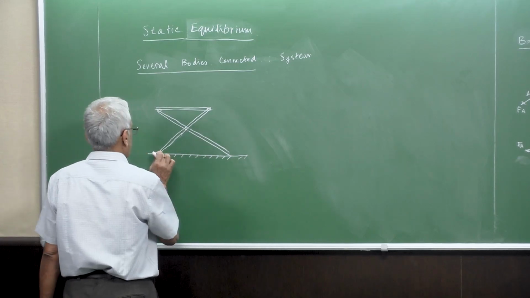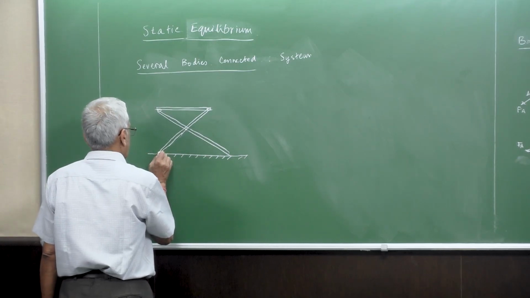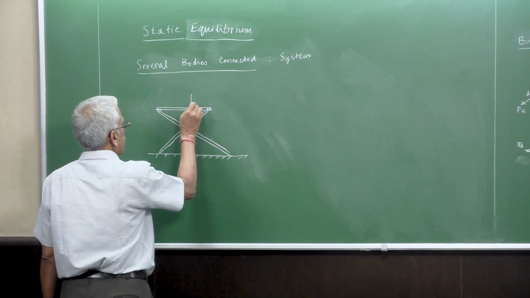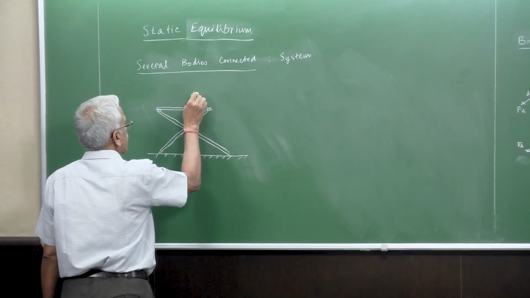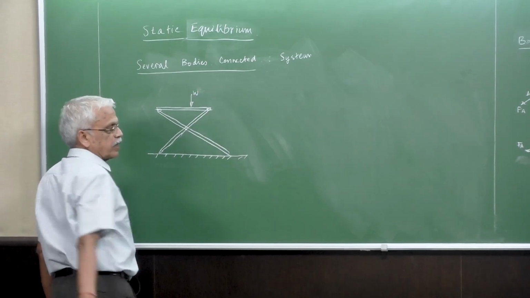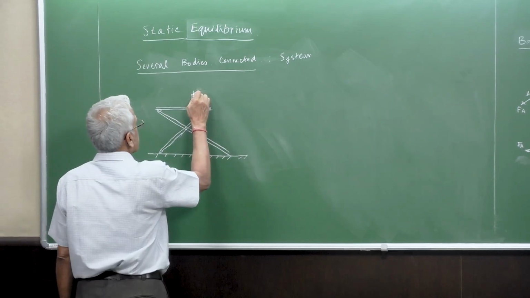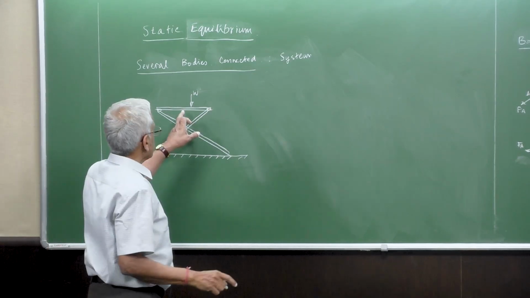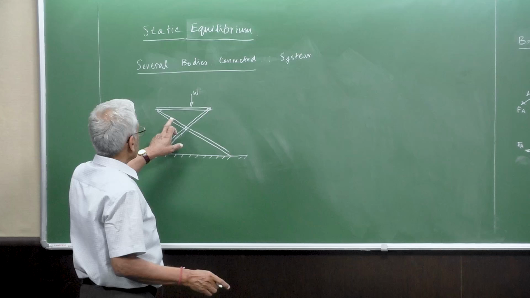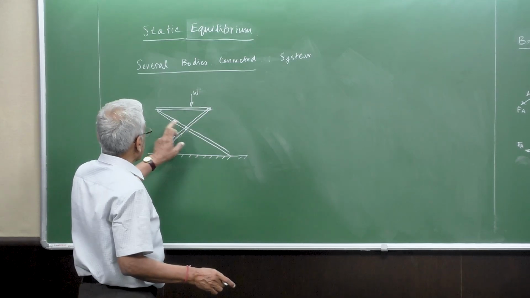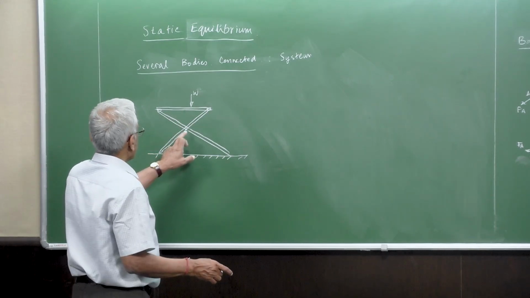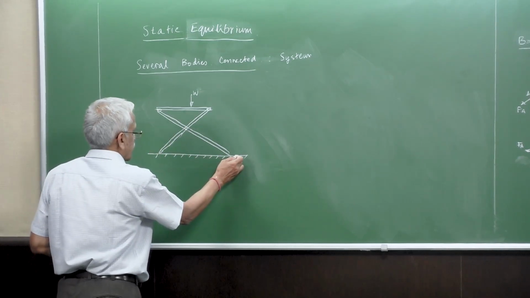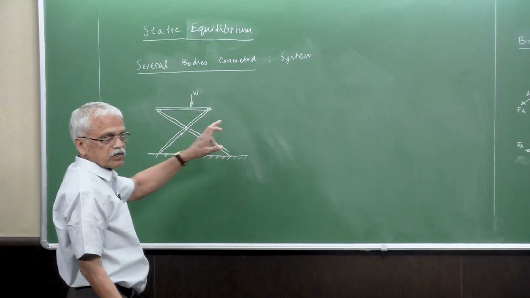so this is a very simple system. A table where some weight is kept on top of it, and there are several bodies. There's a top surface here, the top plank, followed by two legs, and then it's resting on the ground.